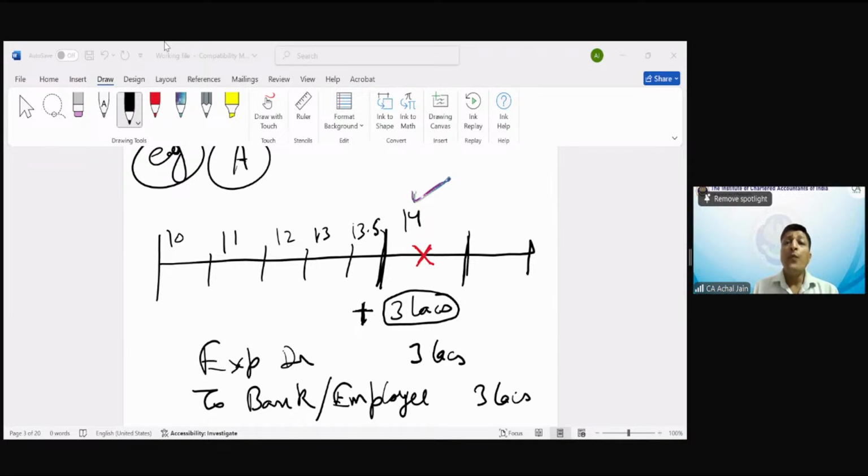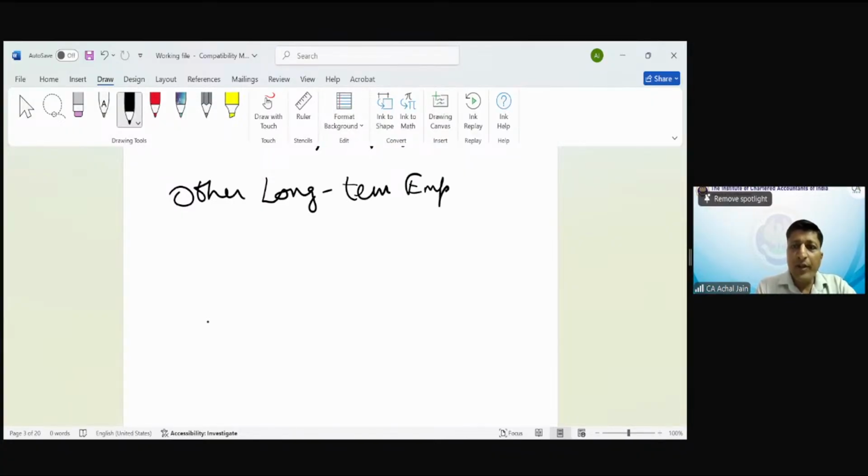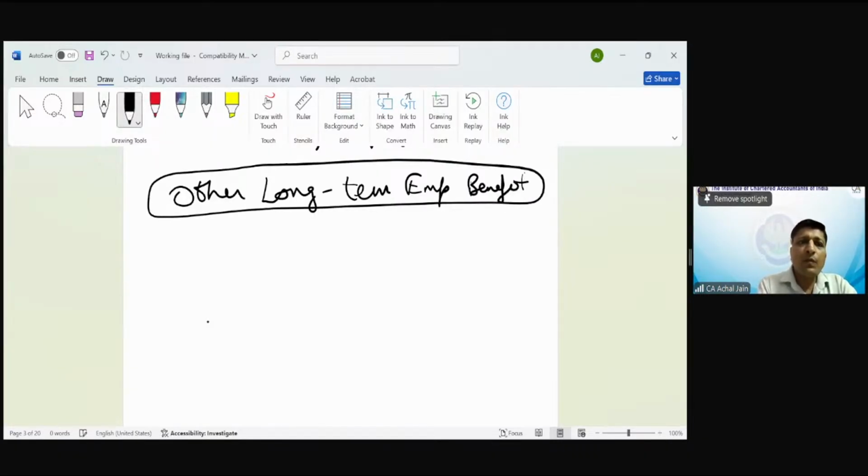Now, moving on to the fourth type of employee benefit. Fourth is other long-term employee benefit. Let's discuss that. Please remember, what is this "other"? It's a residual category.